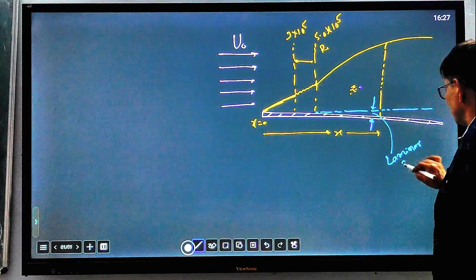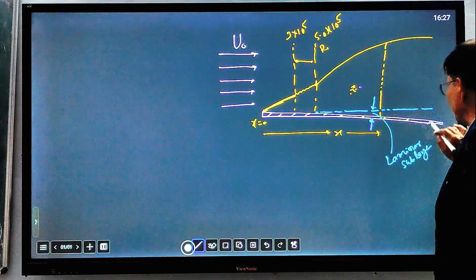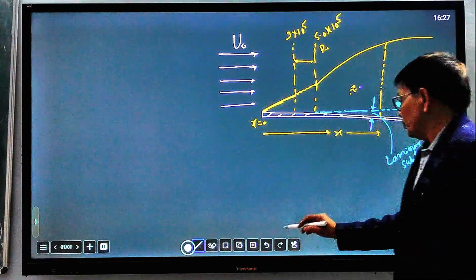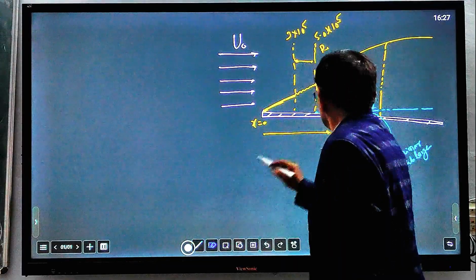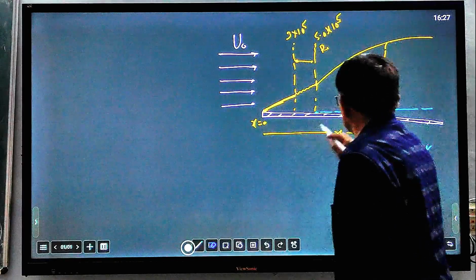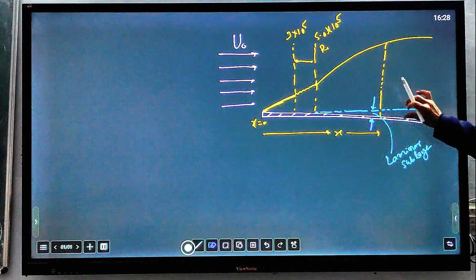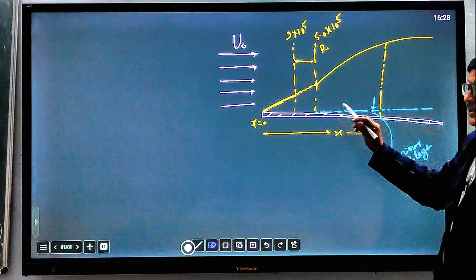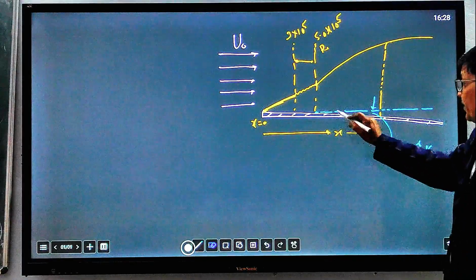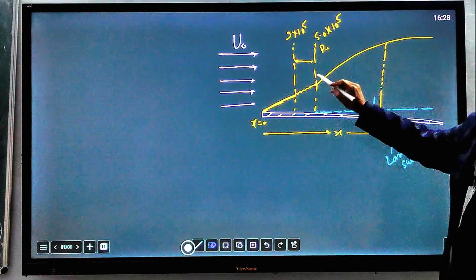Laminar sublayer means that even in the fully turbulent region, starting from here and beyond, though the flow is fully turbulent, there is still a thin layer over the surface where viscosity and surface effects are more prominent, and the flow is completely laminar. This layer is very, very thin, and beyond it the flow is fully turbulent.